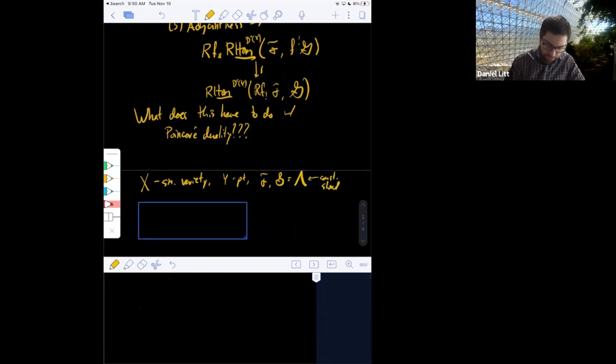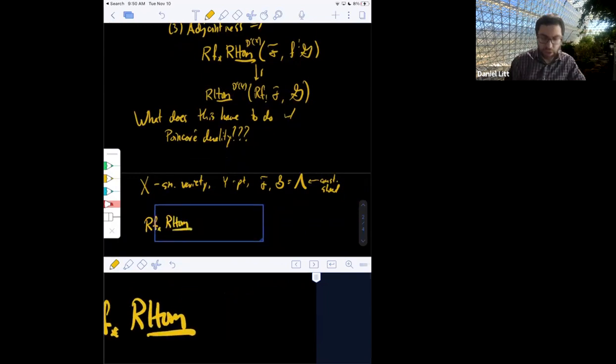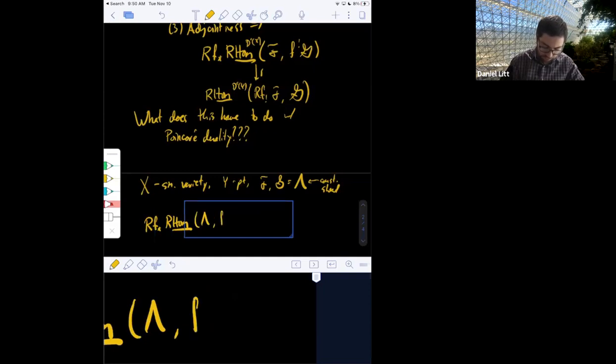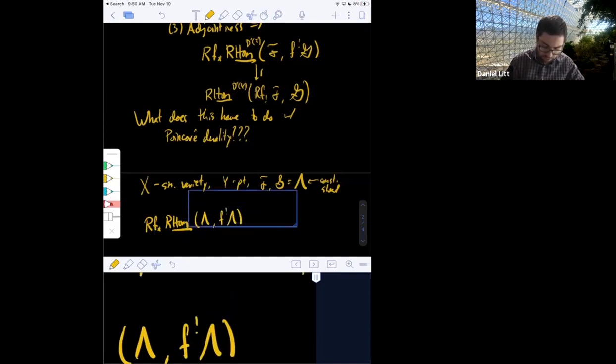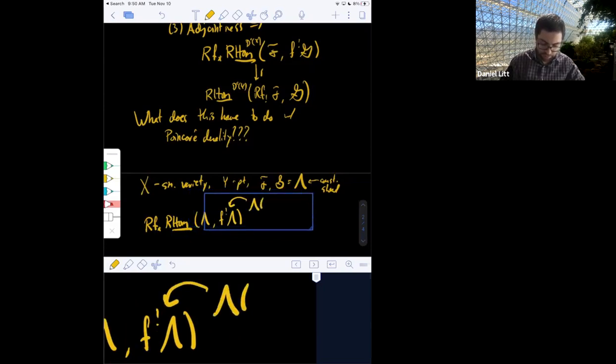So what happens? If you believe this adjointness, we get an isomorphism: R F lower star of R Hom, where R Hom means the derived functor of Hom, so it's cohomology sheaves on X, of F and lambda. Then F upper shriek of lambda, in this smooth setting, is just lambda twisted by D in degree minus 2D.